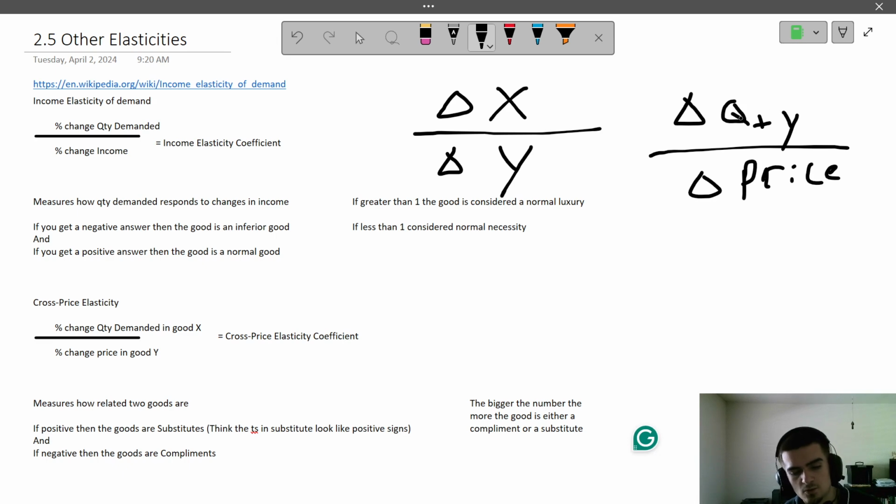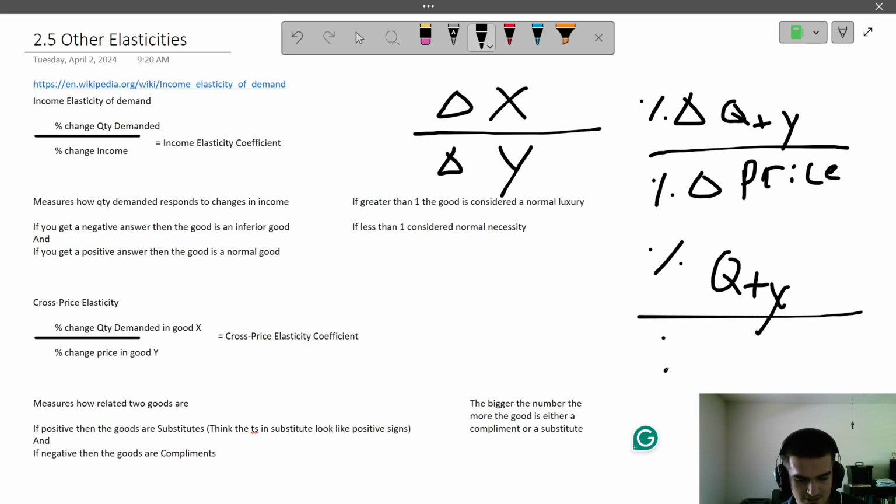So you go from percent change of quantity over percent change in price, and you substitute that price for percent change in income. So you just change price for income.